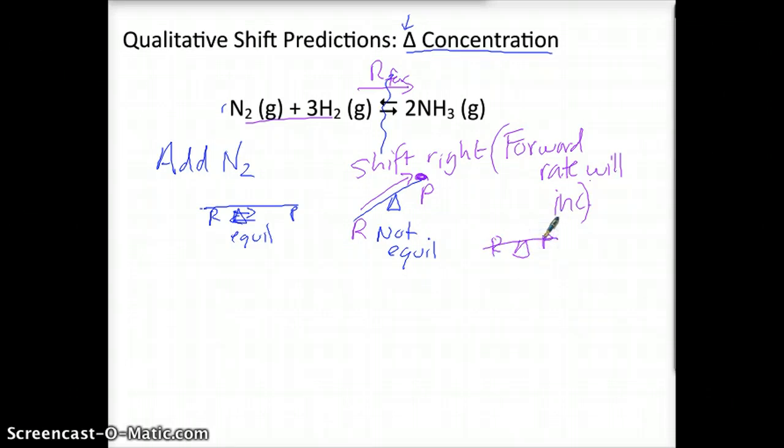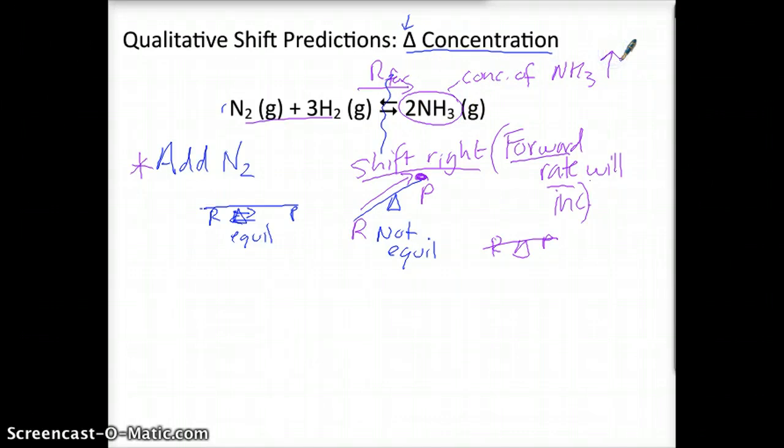So the language that you would need to be able to use is, if I added N2, which way will the reaction shift? You would need to be able to say that it would shift to the right. Another way of saying that you need to be familiar with is that the forward rate will increase. Or another way of saying that is the concentration of products, of NH3, will increase as well.